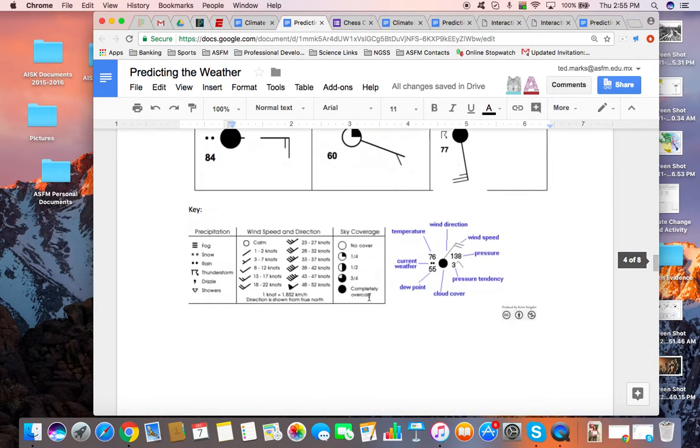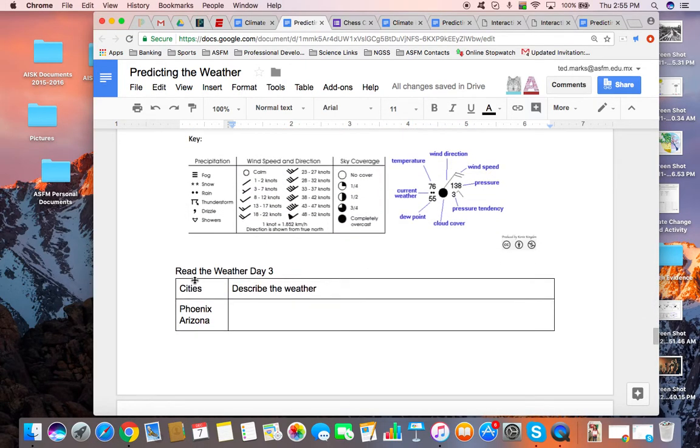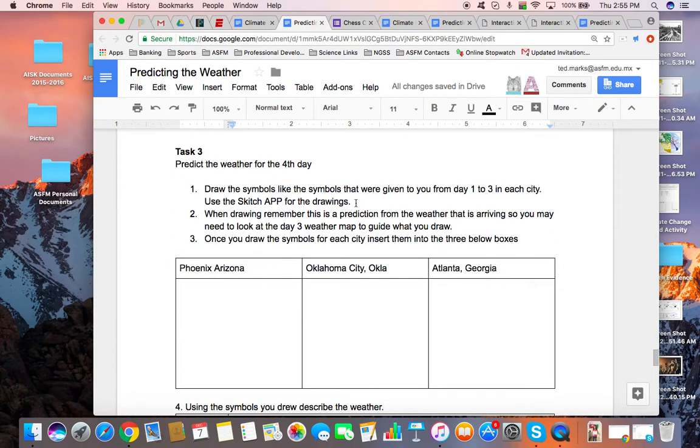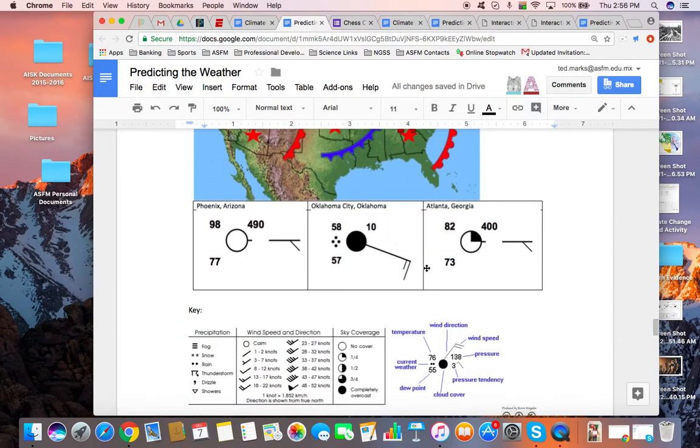When you get down to the final activity, it says to predict the weather. So what I want you to do is actually don't do this in Sketch. Use your notebook to draw station models. Well, what's a station model? These are station models here.